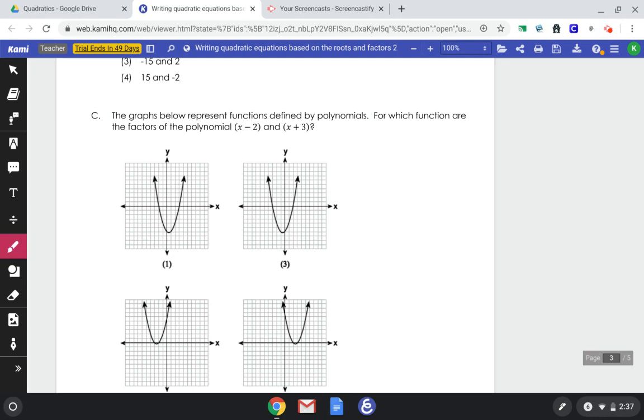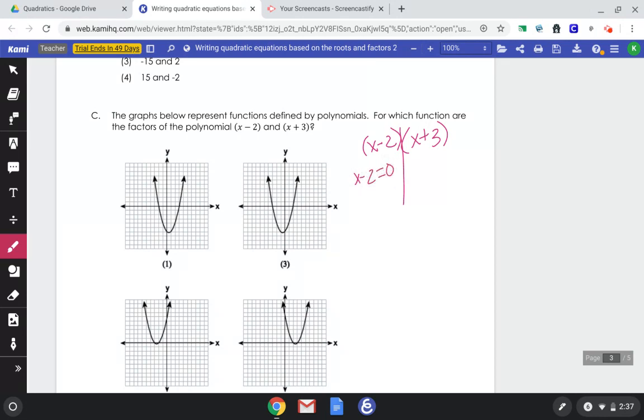Letter C, it's saying the graphs below represent functions defined by polynomials. For which function are the factors of the polynomial x minus 2 and x plus 3? So if these are your factors, we're going to go through and find the zeros.